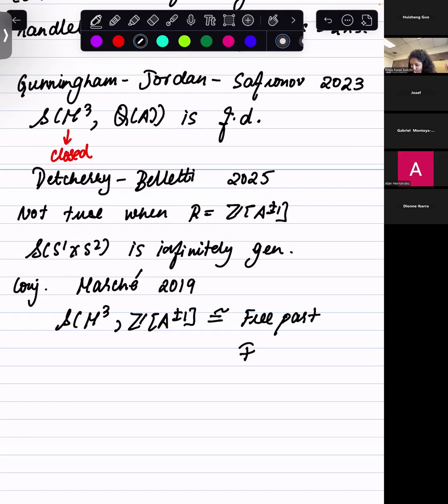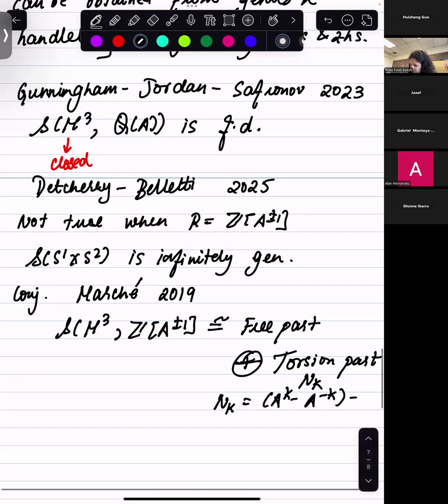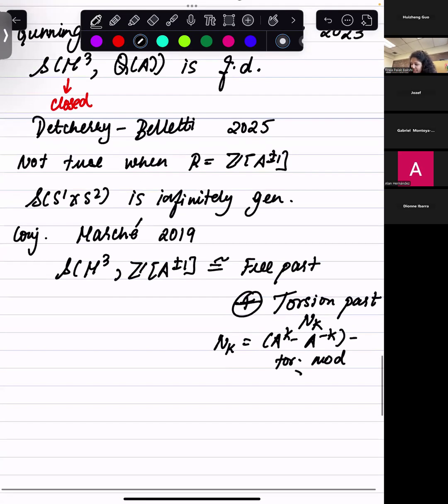So you have a free part, and then you have a torsion part. I don't want to go into too much detail. And this torsion part is essentially the following. Maybe here I should be a little more technical. So the torsion modules will be of the form N_k, where these N_k's are essentially a^k minus a^(-k) torsion modules for each k.